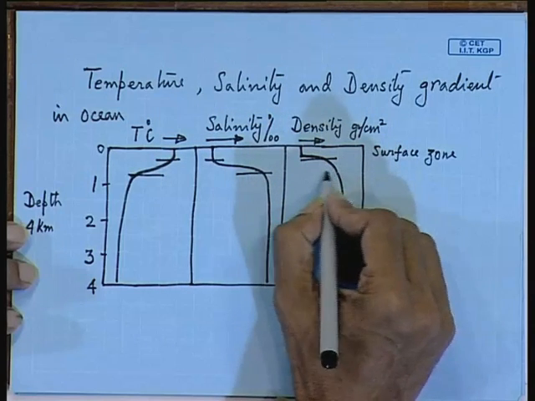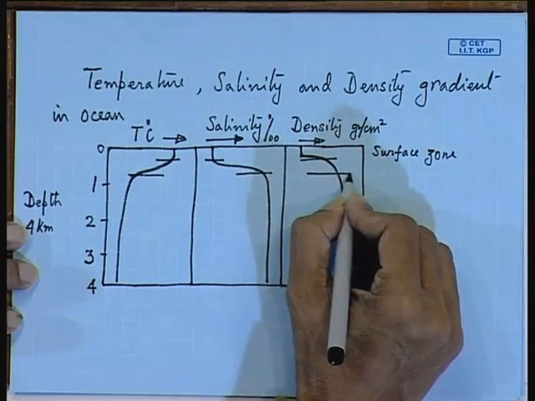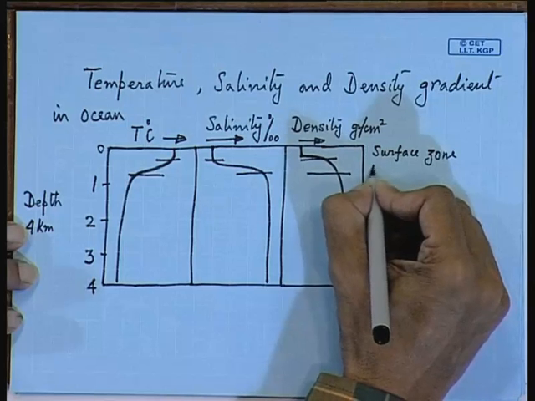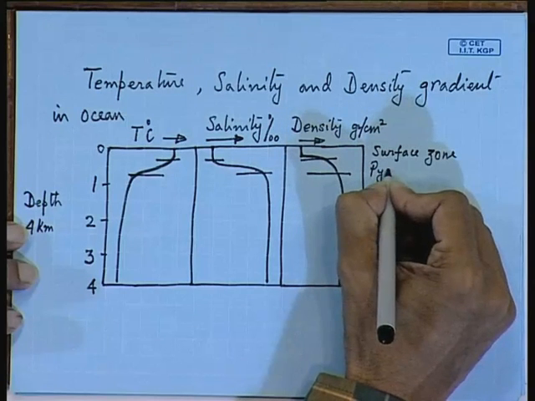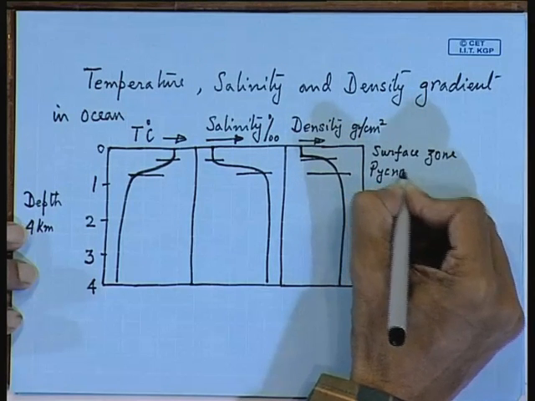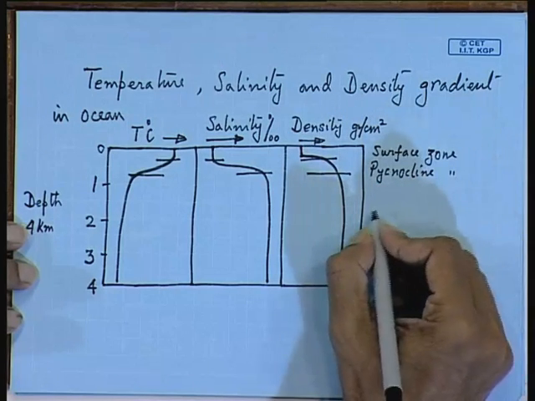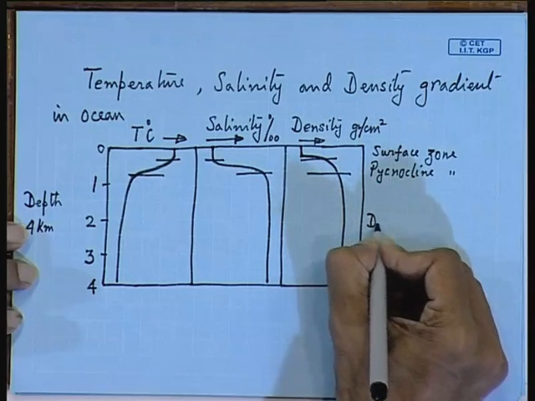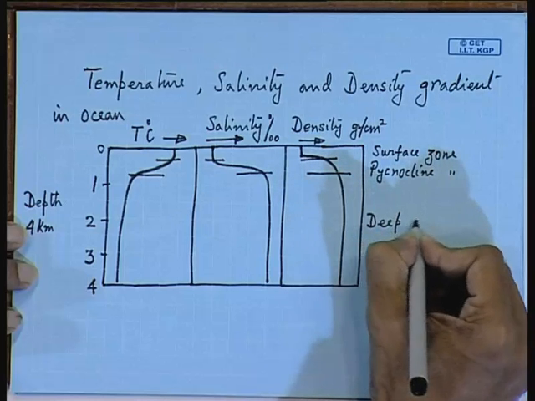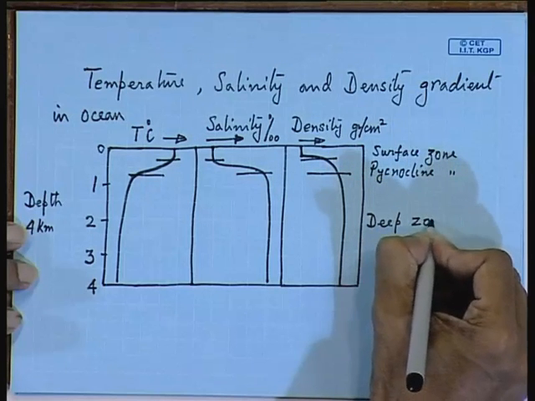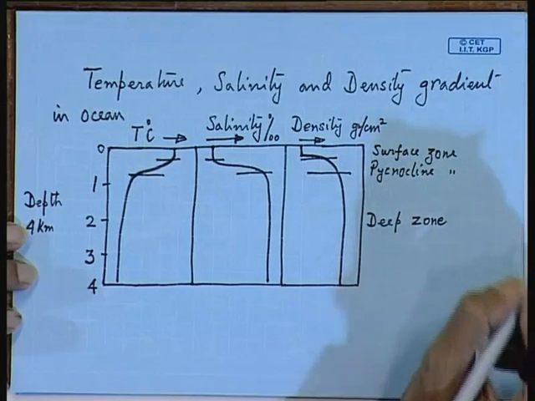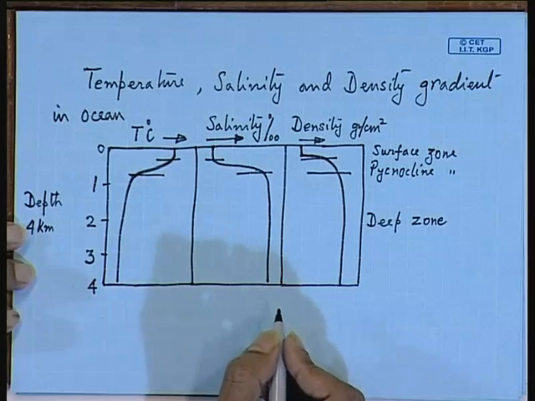Variation of all the three quantities is quite large. So, this is the pycnocline. And below it you have the deep zone. In the deep zone there is not much change in the three parameters; you can see they are more or less constant.